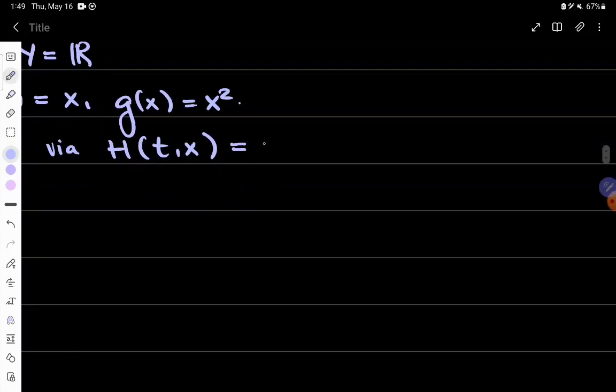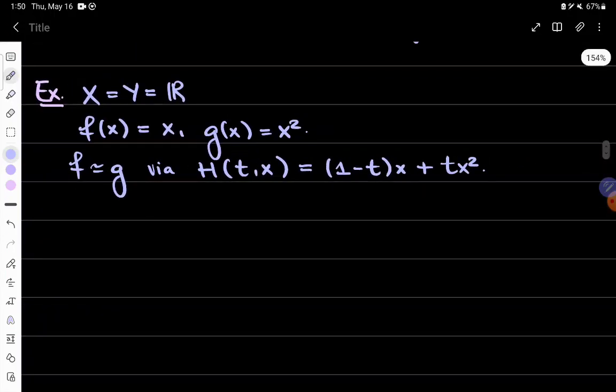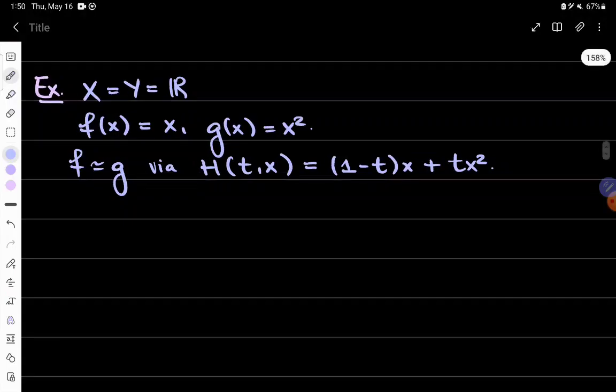So initially we have this (1 minus t) times x. So we just take this convex linear combination of these two maps. And you can see that this kind of thing generalizes a great deal, this convex linear homotopy between these two maps. So now, of course, if we're at time 0, then this term vanishes, and we're just left with (1 minus t) times x. t is 0, so this is just x.